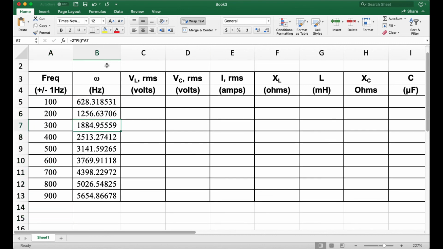Now, these angular frequencies, what's wrong with them? Yeah, it's way too many decimal places. If these are all to plus or minus 1 hertz, then these values should be no more than 3 sig figs.